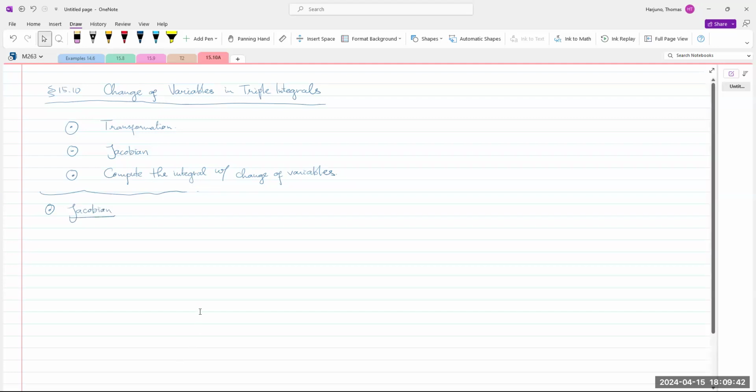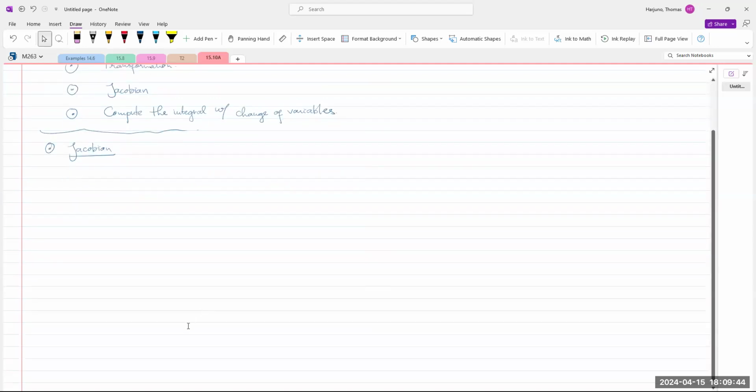Suppose we are given the transformation, where x is a function of u and phi, and y is also a function of u and phi.